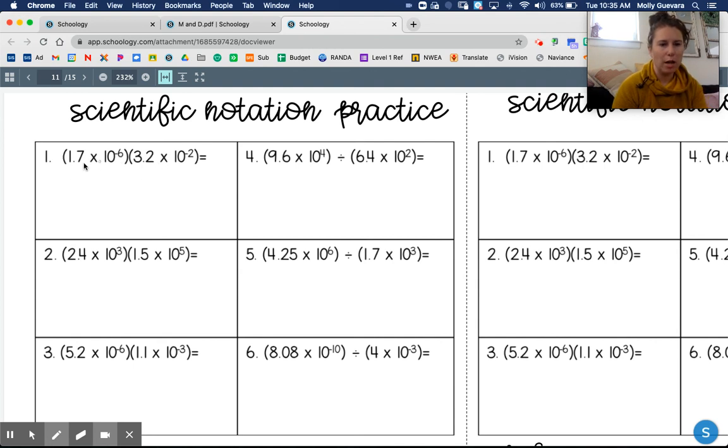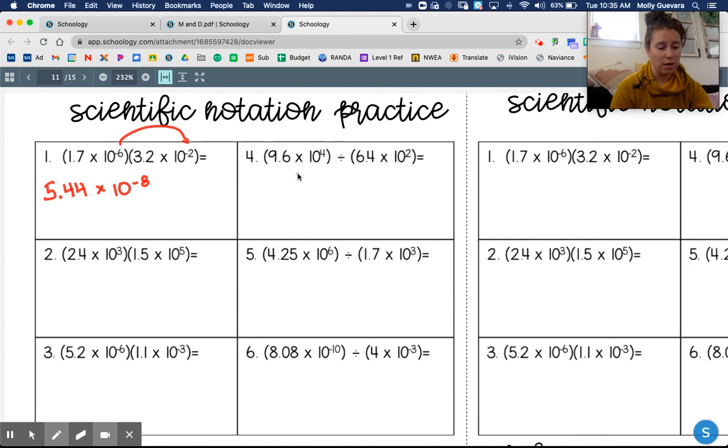So I'm multiplying 1.7 times 3.2, which gets me 5.44 times 10, and then I need to add my exponents, right? So negative 6 plus negative 2 is negative 8. And that's my answer because 5.44 is greater than or equal to 1, and it's less than 10.